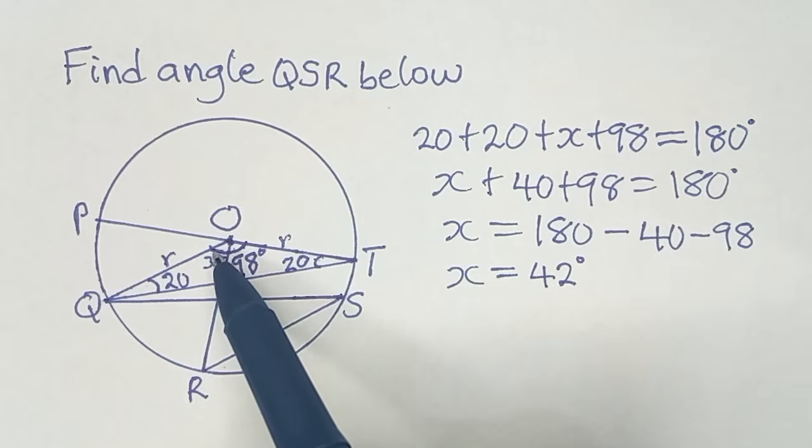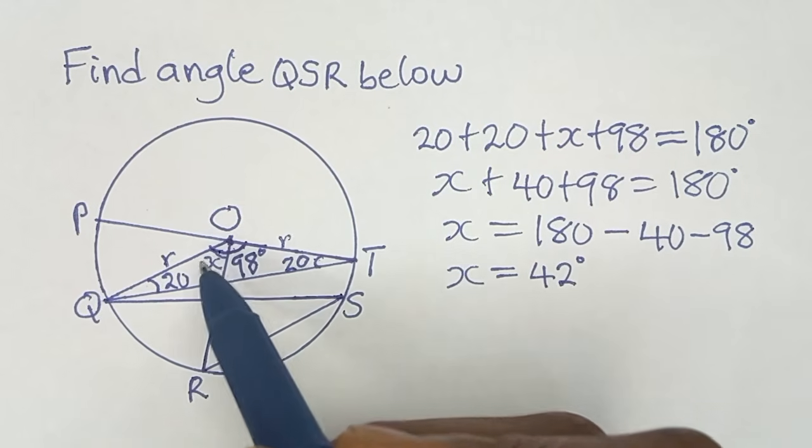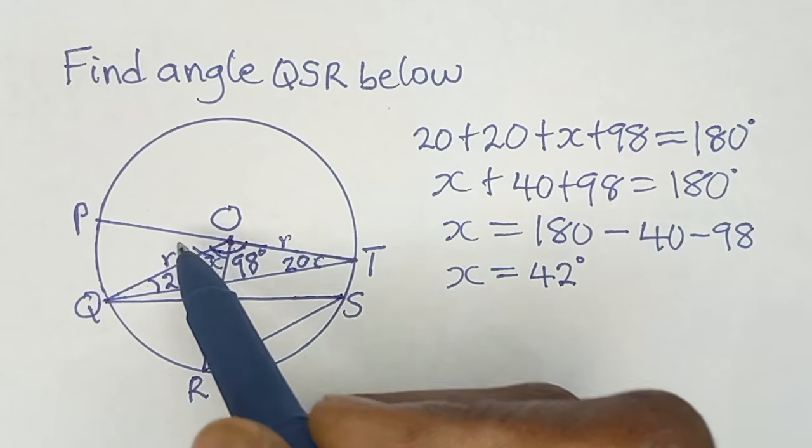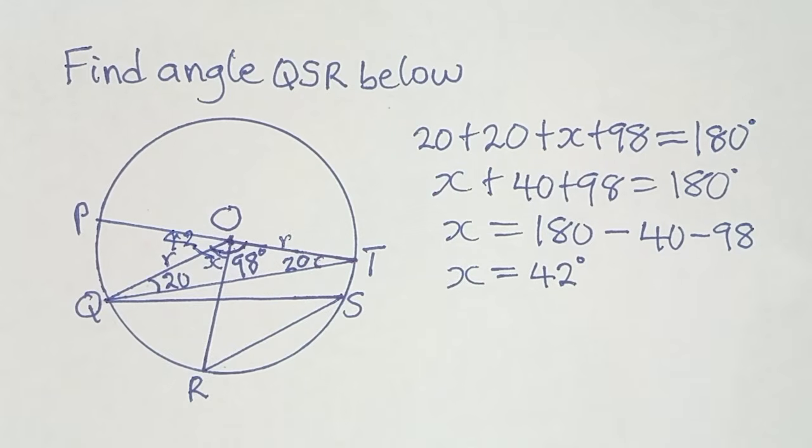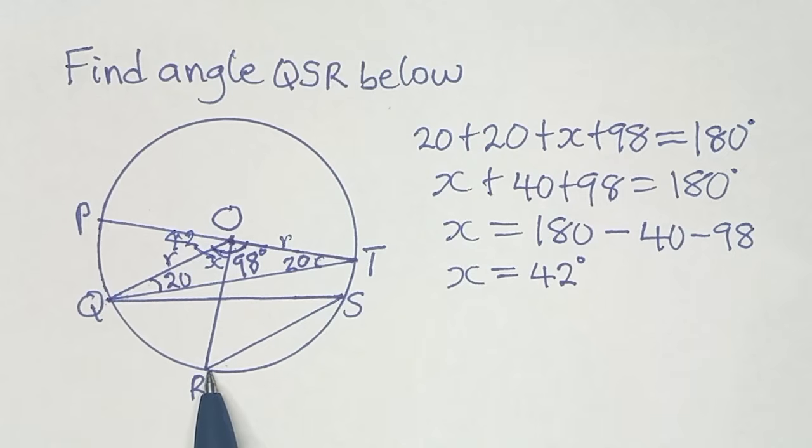So we have this angle as 42 degrees. This angle here, the angle X, that is 42 degrees. Now, the next thing I want us to look at is the points Q and R. If you look at this point Q and R, I have two lines from these points.